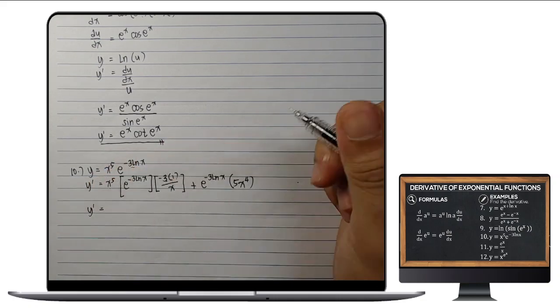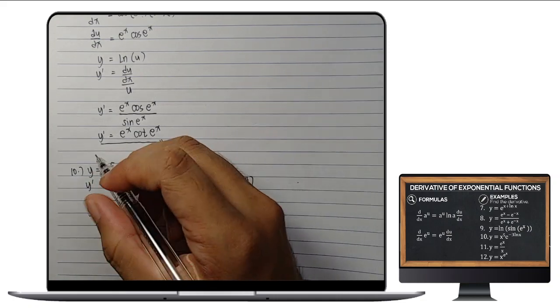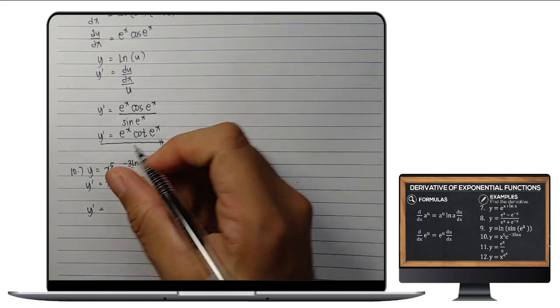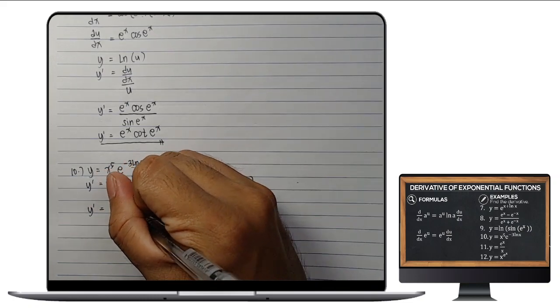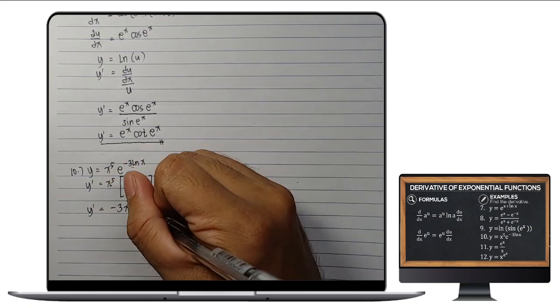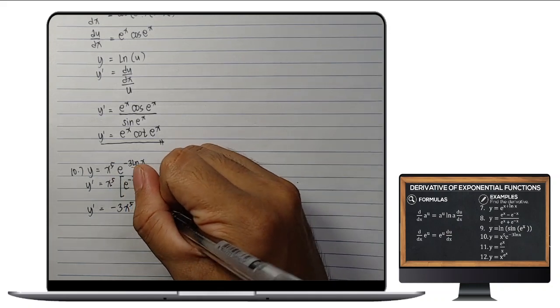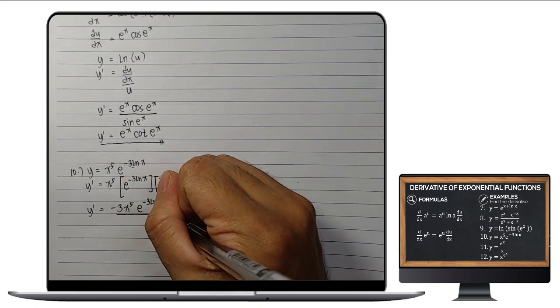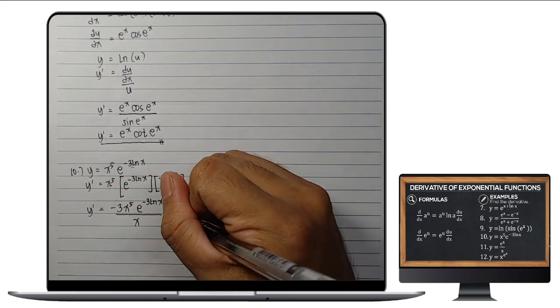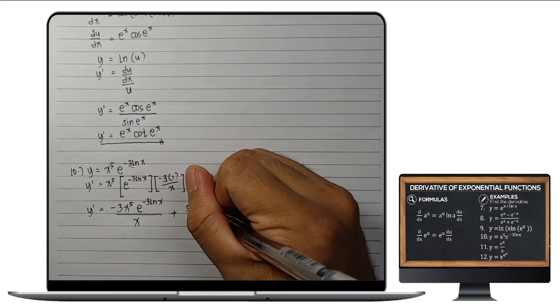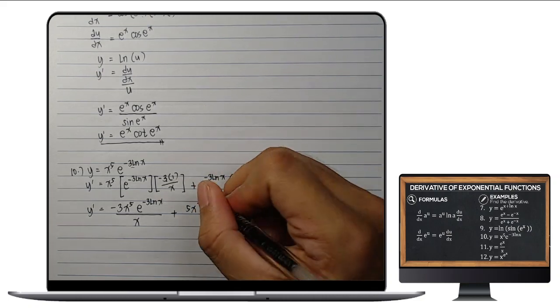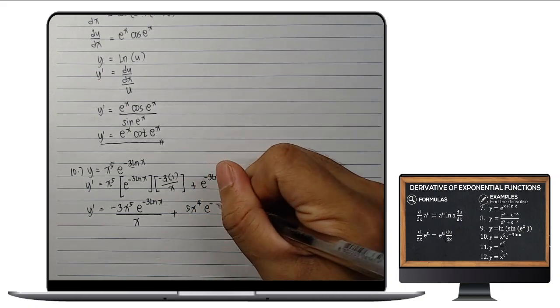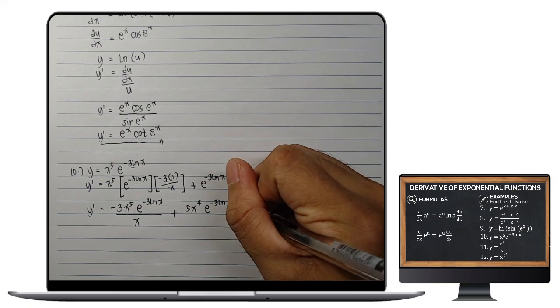Y prime is, so x raised to 5, we have negative 3 x raised to 5 times e raised to negative 3 ln of x over x plus 5 x raised to 4 times e raised to negative 3 ln of x.